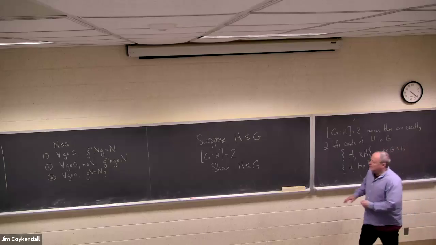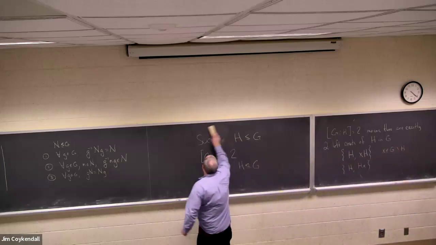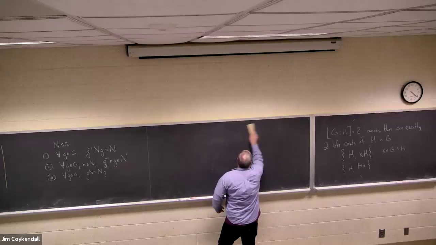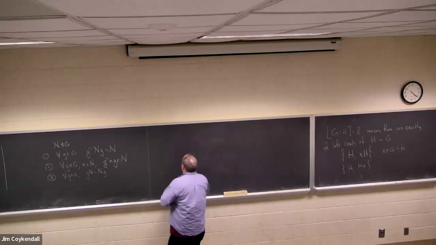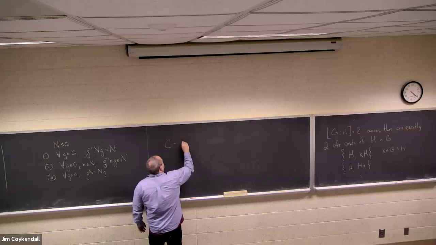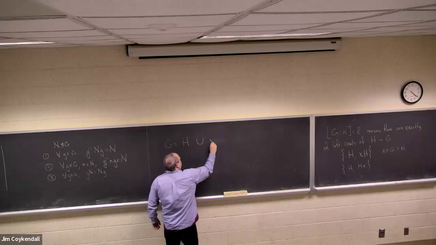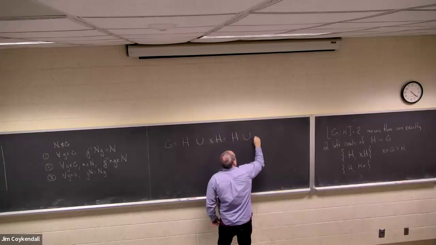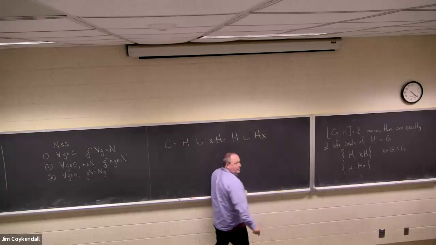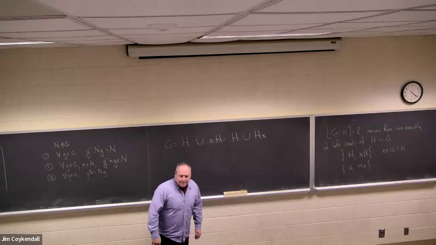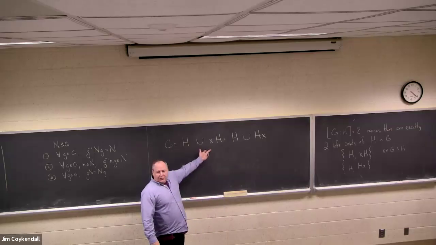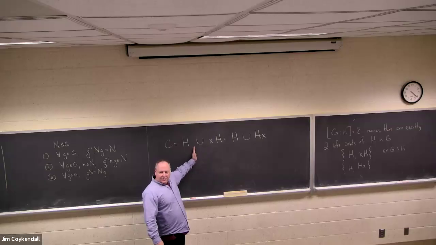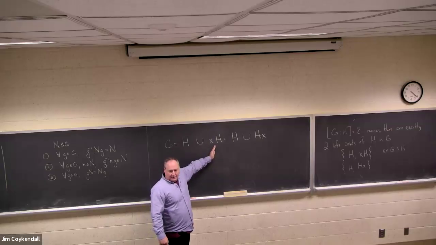Now notice that G is H union xH, and this is a disjoint union in the sense that H and xH have nothing in common.